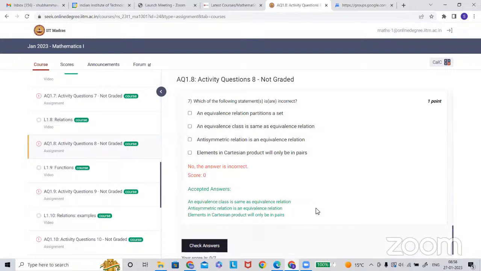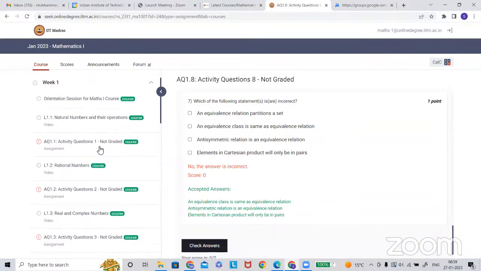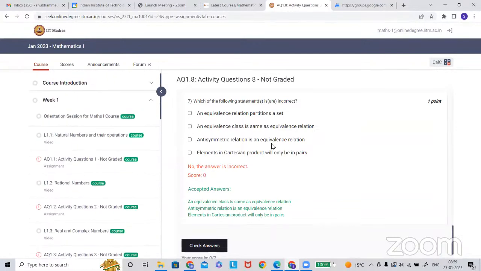Elements in the Cartesian product will only be in pairs. This product is actually the Cartesian product. Suppose you are taking the product of 3 sets, A, B, and C, A cross B cross C. In that case, it is in triples, not in pairs. The word only is very important here.